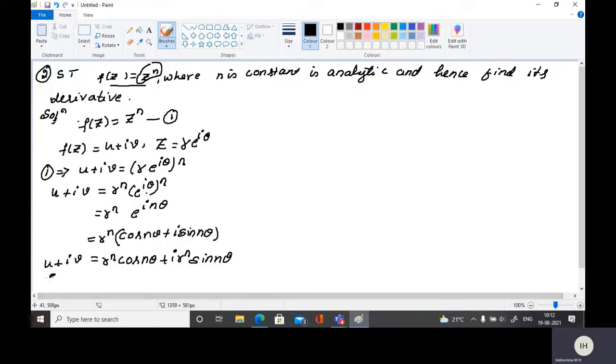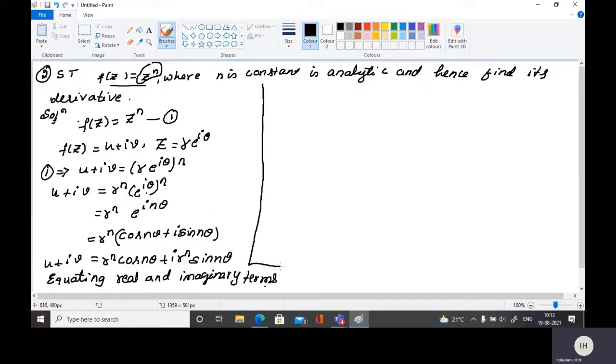Now equating real and imaginary terms, we obtain u is equal to, equating the real parts, r power n cos n theta, and v is equal to r power n sin n theta.